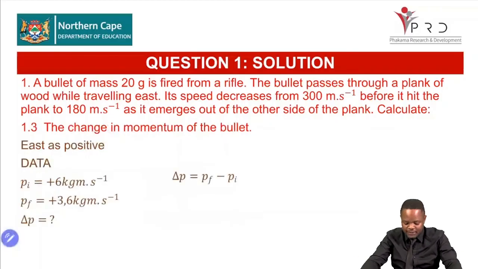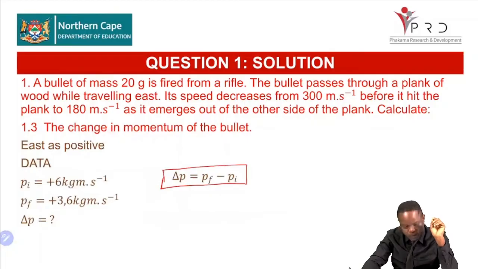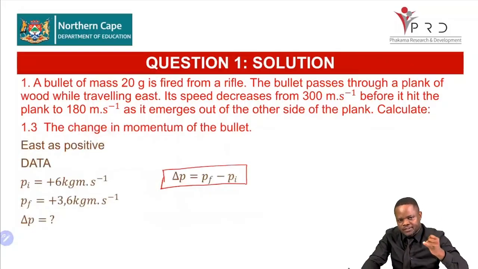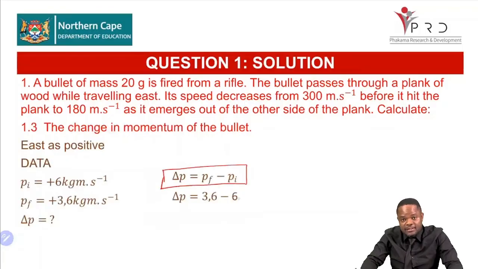Our change in momentum is final momentum minus initial momentum. Take note, grade 12s, it is important that you put your formula first. You see how we're laying out our calculations. All right, so the formula first, substitution, and then your solution with the appropriate unit and direction. Right, so our final is 3.6, our initial is actually a positive 6, and then we get a negative 2.4 kilogram meters per second.